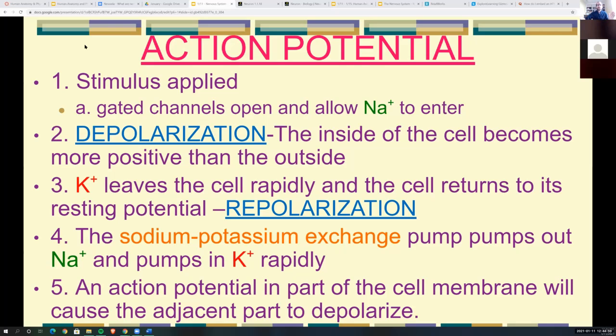That's the job of the sodium-potassium exchange pump. So that given a few milliseconds, if I touch that part of my skin again, I'm going to be able to feel it. So the action potential in part of the cell membrane will basically cause the adjacent part to depolarize.